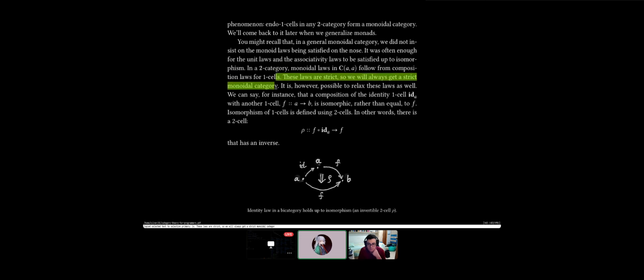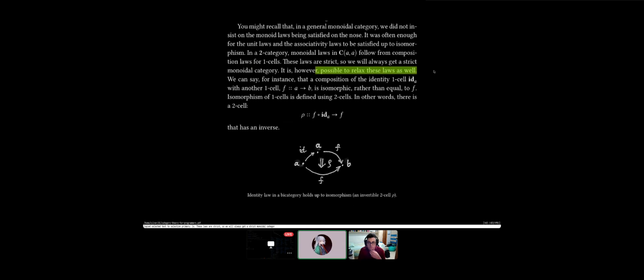In a general monoidal category, we did not insist on the monoid laws being satisfied on the nose. It was often enough for the unit and associativity laws to be satisfied up to isomorphism. In a two category, monoidal laws follow from composition laws for one cells, and those laws are strict, so we always get a strict monoidal category.